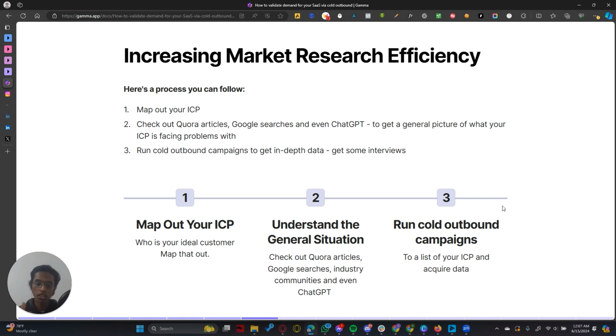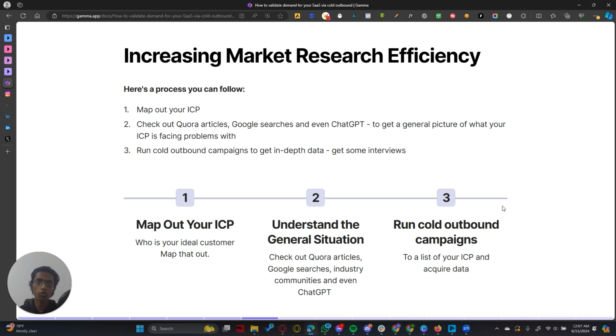Map out your ICP, that is the ideal client profile, or who your ideal customer is. Then check out Quora articles, Google searches, industry communities, Reddit groups, and so on, and even check out ChatGPT. Ask ChatGPT as well real questions, questions that you may have around the problems that the market is facing.